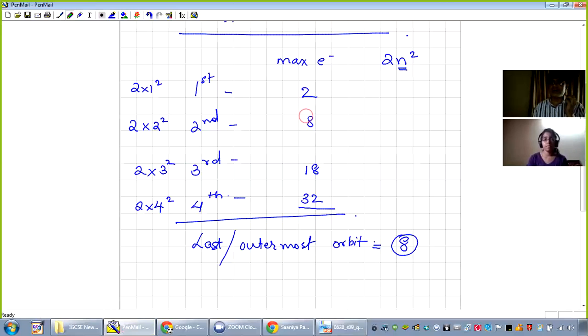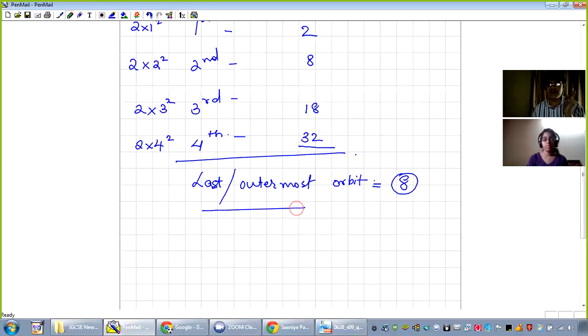If it is a last orbit, then it should always have 8 electrons. This rule is known as the octet rule. What is the octet rule? The last orbit can have maximum of 8 electrons.